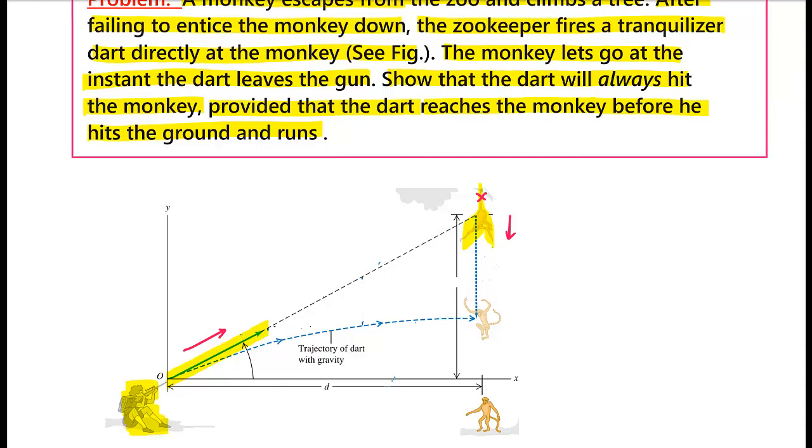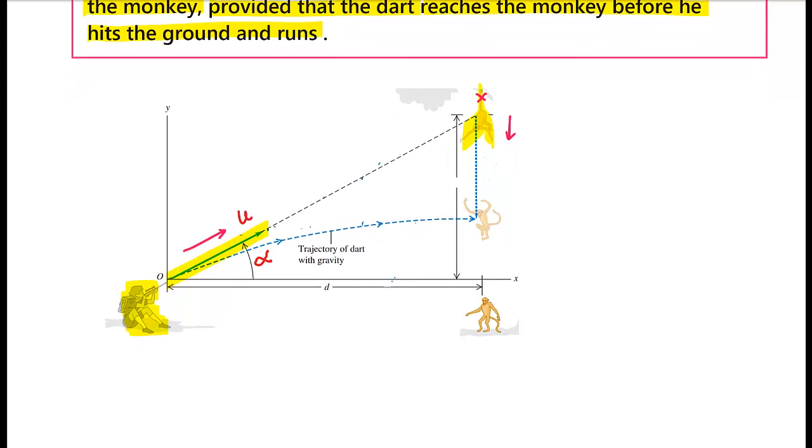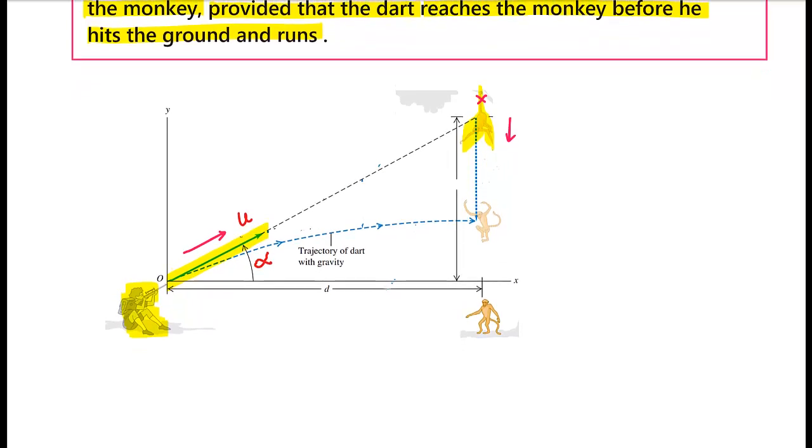So we have to show that the dart is going to hit the monkey. How will you solve this problem? First let us see what is given. We have been given the initial velocity of the dart. Let's say this dart is thrown at a speed of u and angle alpha from the horizontal. Let's say this tree is at a distance d from the zookeeper.